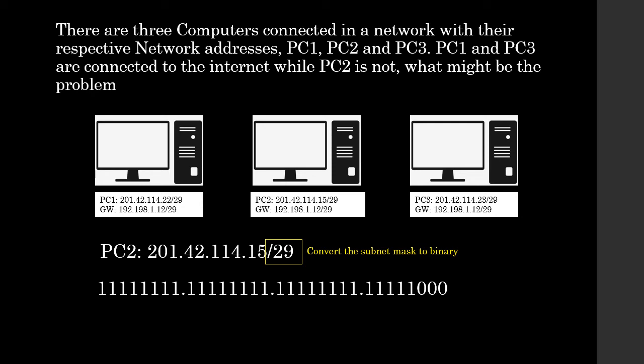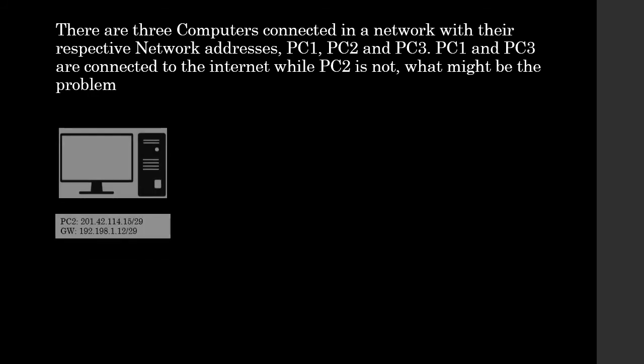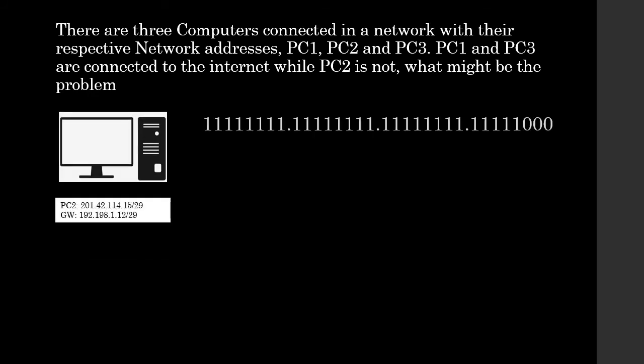Ngayon, 4 yung octets nito dahil tumigil siya yung last one sa fourth octet. So, ayun. Ano bang problema kay PC2? Ba't ganun? So, kung mapapansin nyo, yung /29, it resulted to 4 octets dahil yung last one ay lumabas dun sa 4th octet.